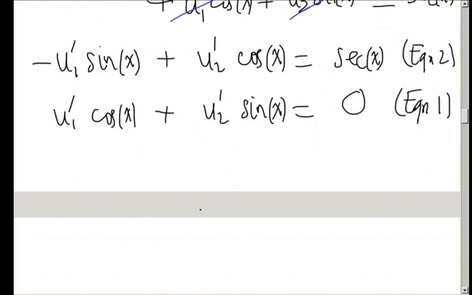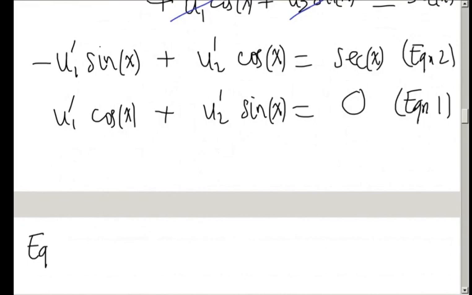These equations are more difficult than solving a system of linear equations, but we do the same thing. We will try the method of cancellation. So in order to cancel, say, u1 prime, I'm going to multiply equation 2 by cosine x.